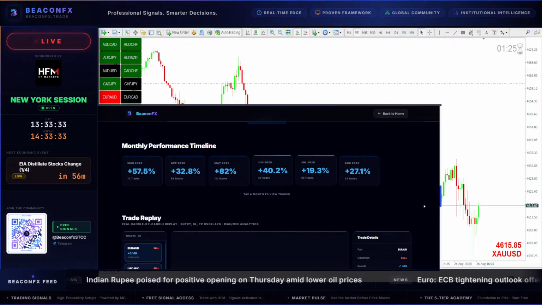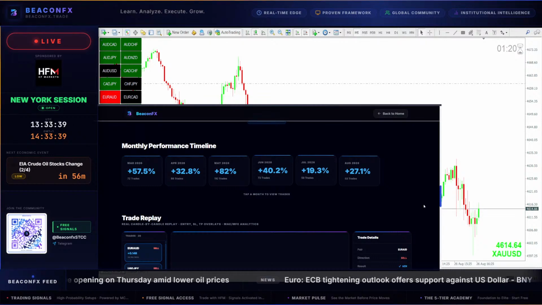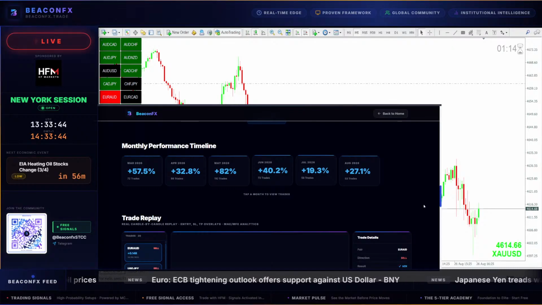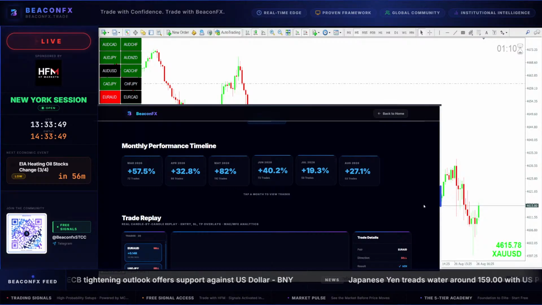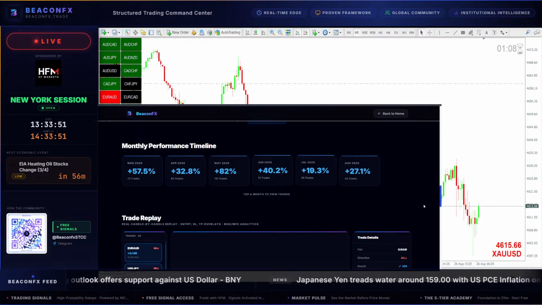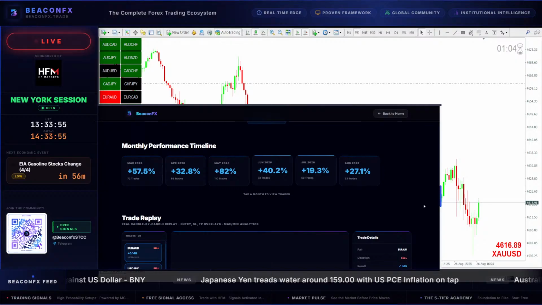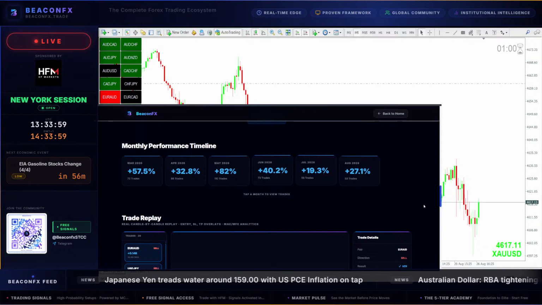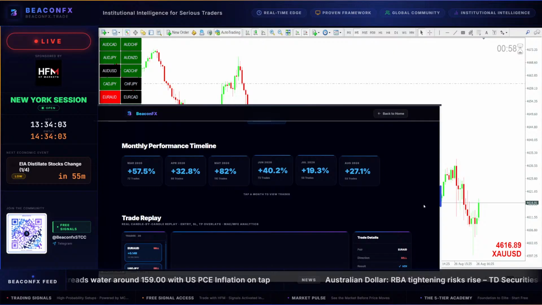You're seeing our trade. Every trade taken from BeaconFX.trade mobile, from BeaconFX.trade desktop, as in our trade terminal, everything that is connected to this web application, you get to see. Any trade taken goes directly to the terminal straight away.